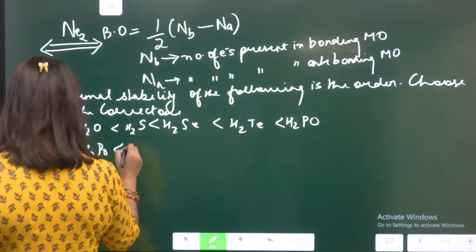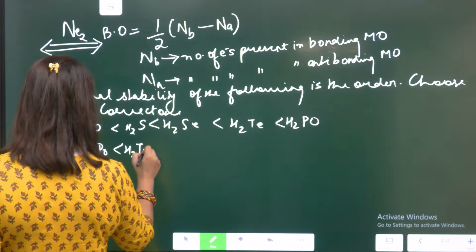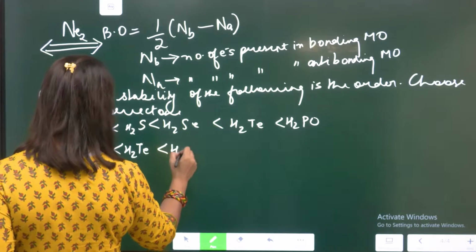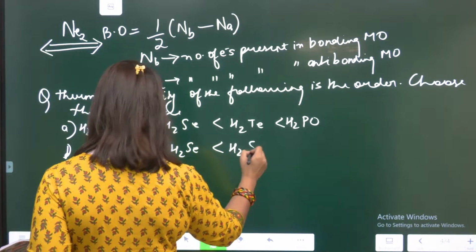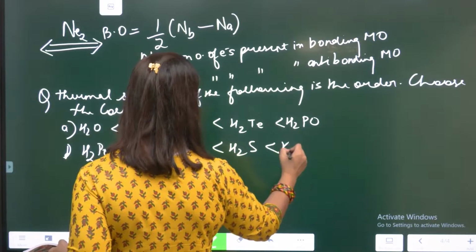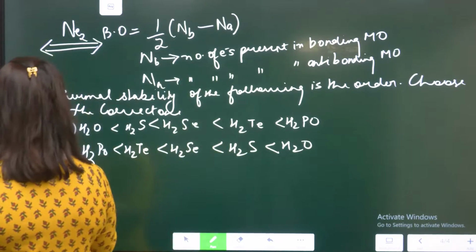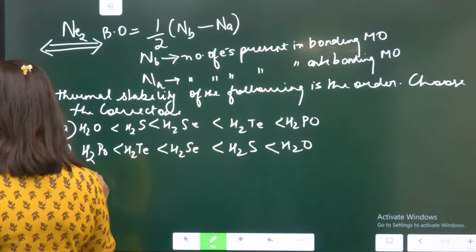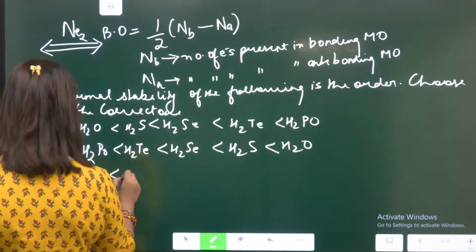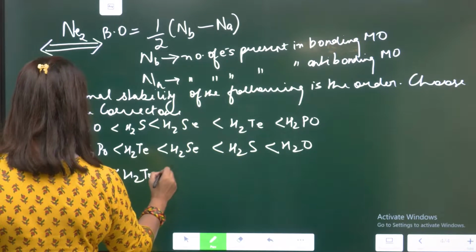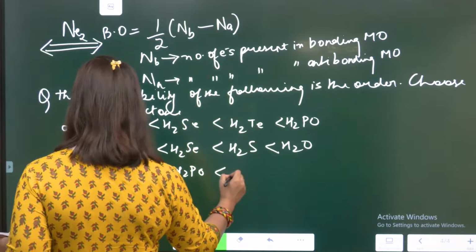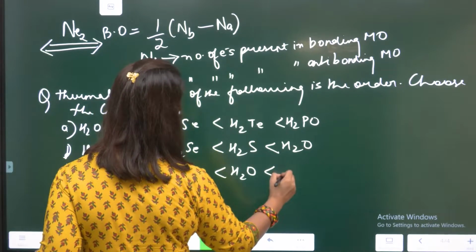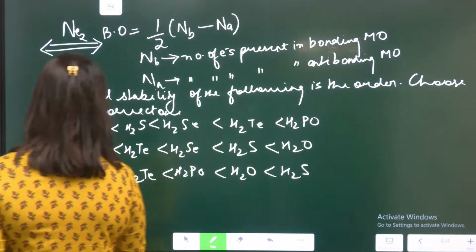Second option given to you is H2Po, H2Te, H2Se, H2S and H2O. Option C given to you: H2Se, H2Te, H2Po, H2O and H2S.